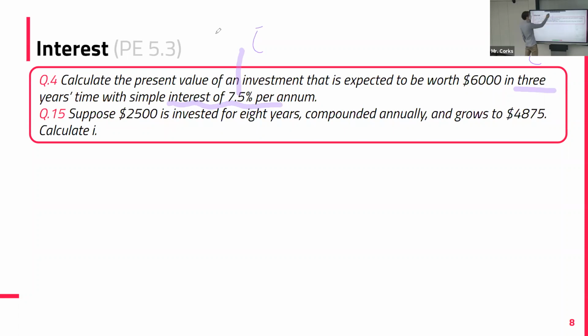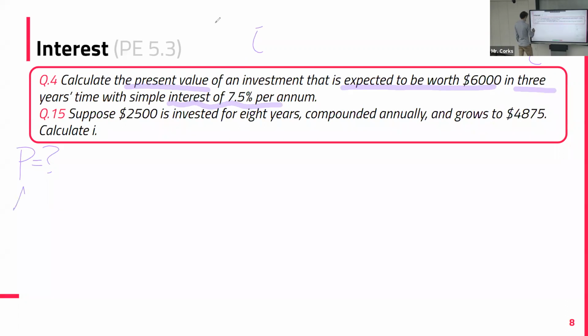So we should read the question carefully. Look at the phrasing that they use. So present value of something, present value is a bit ambiguous, but expected to be worth this much. That's the future value. So present value therefore means the principal. So we are looking for principal here.